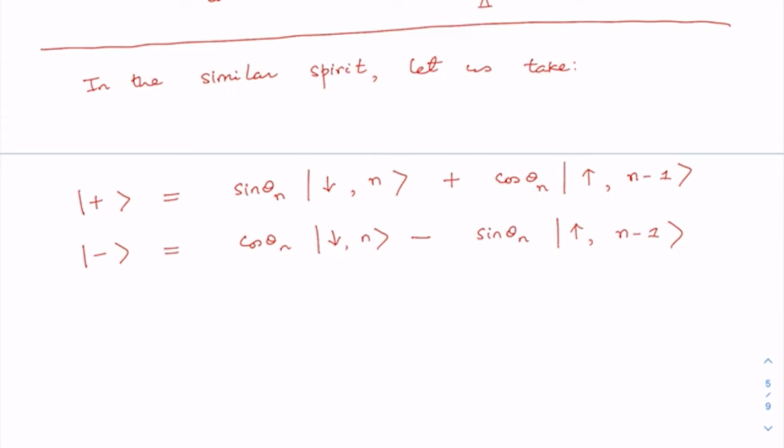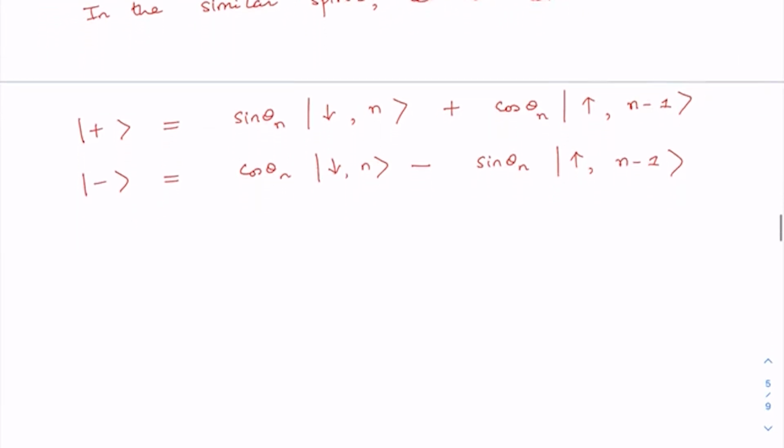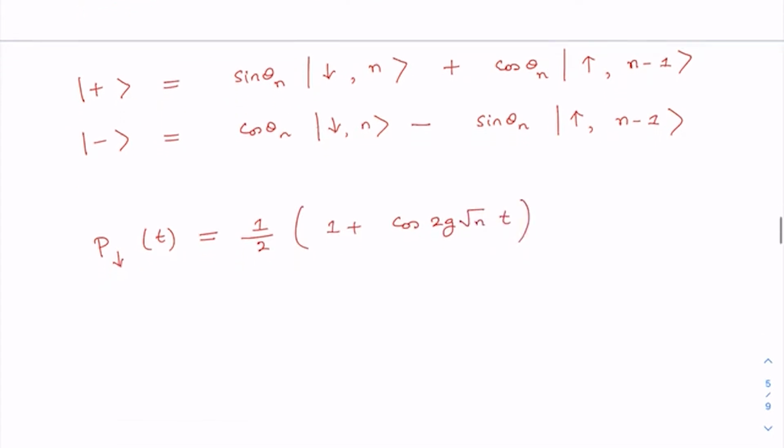Again, without doing calculation, we can address this, we can find out this Stückelberg angle theta, because if you recall from lecture 16, we have the expression for the probability of finding the atom in the ground state at an instant of time t as 1/2 into 1 plus cos of 2z square root of n t.